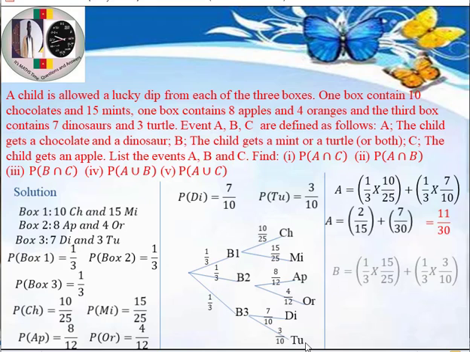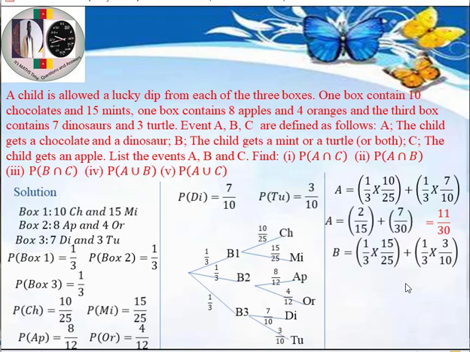So the B event will be 1/3 for box 1 times mint, which is 15 on 25, plus the probability of choosing from box 3, 1/3, times the probability of choosing a turtle, 3 on 10.